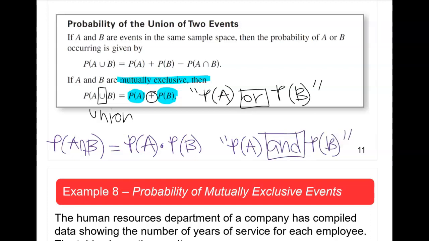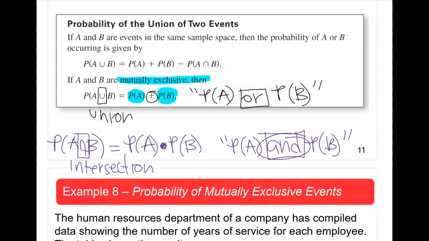So we relate the symbol for intersection to the operation of multiplication and to the word and. So that is mutually exclusive.